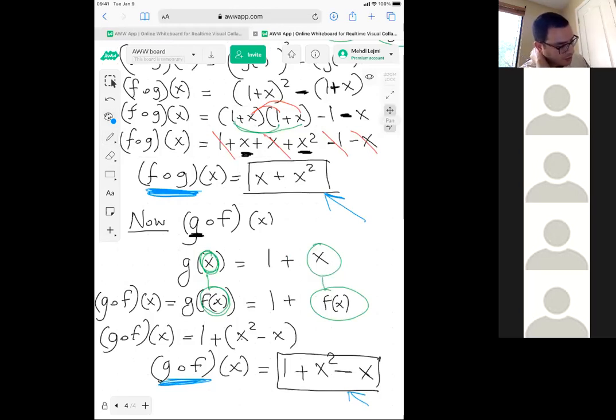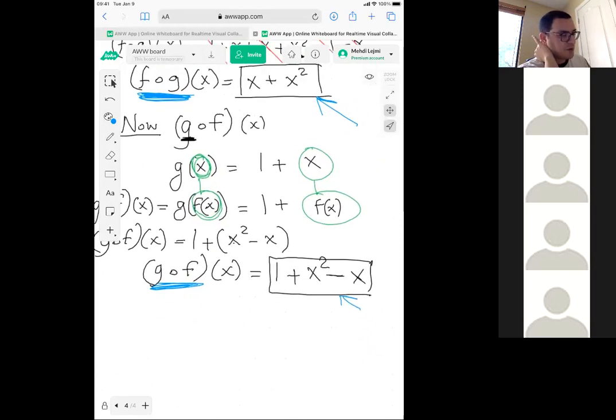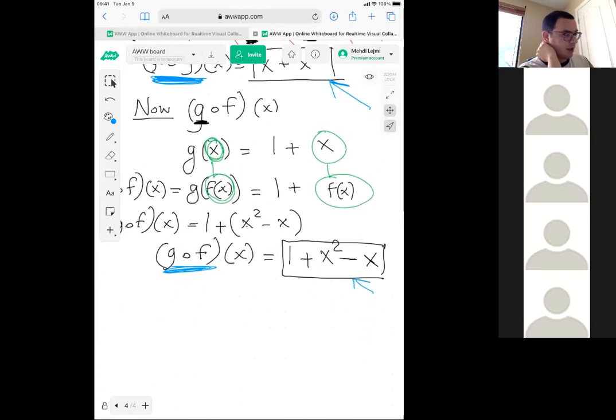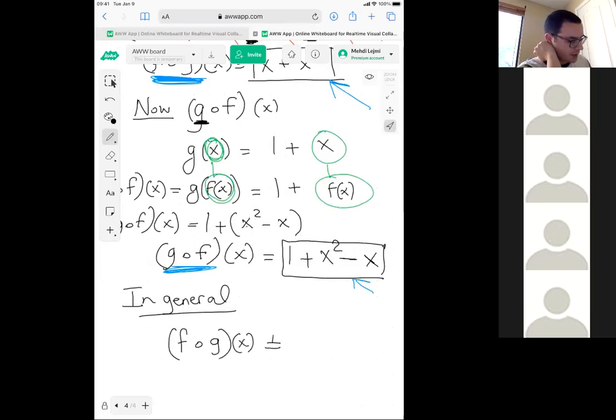So in general, that's a general fact: f composed with g is not equal to g composed with f. So you get two different functions, all right?